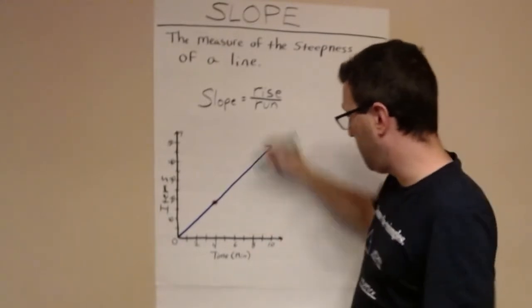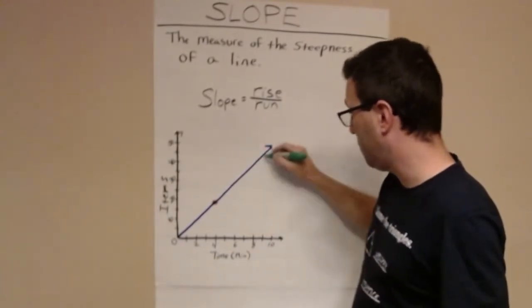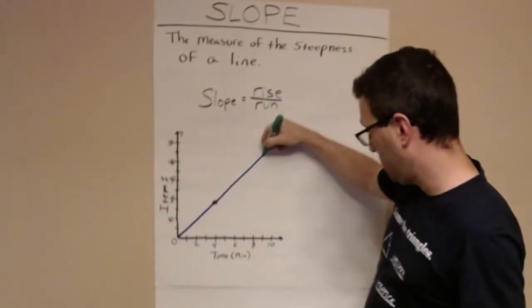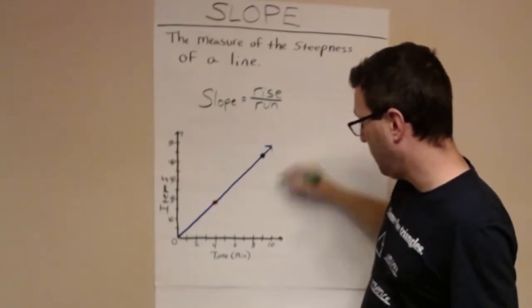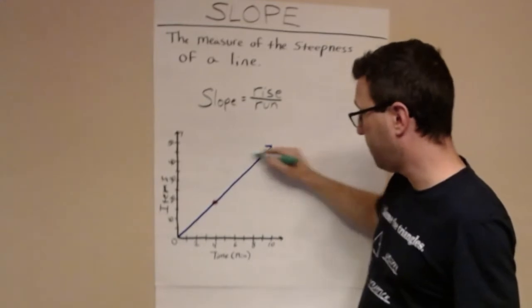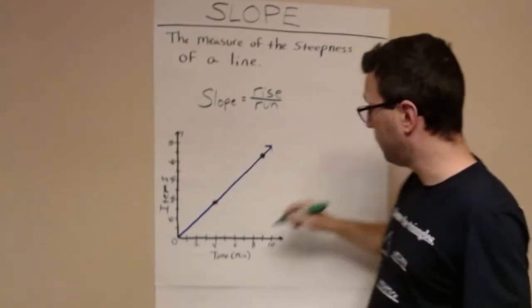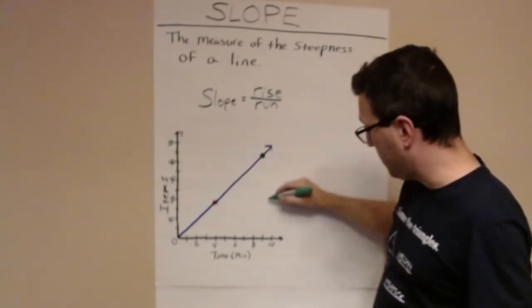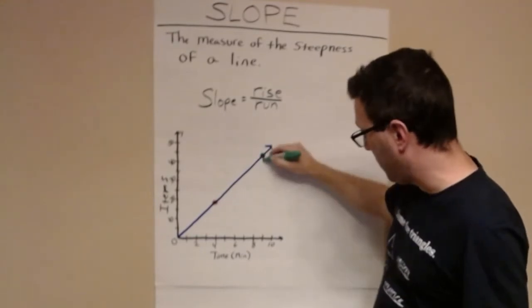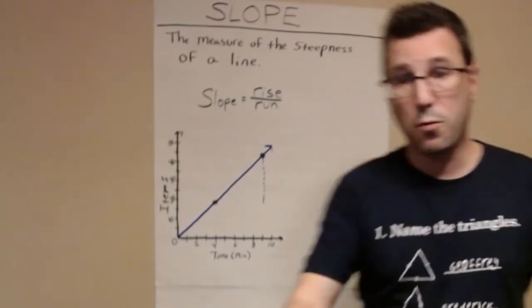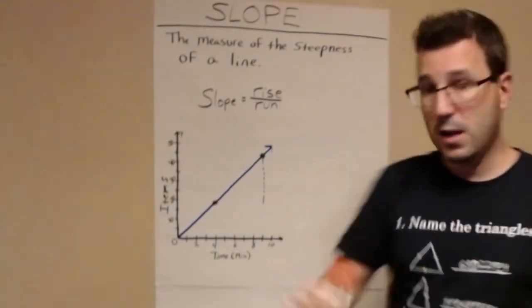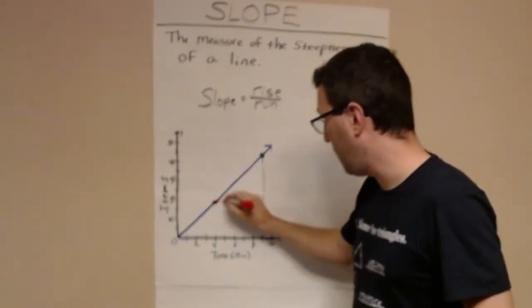And then I'm going to choose right here. That's 9, 45. And then what I'm going to do is, like I said, drop a line down from one point, and I'm going to draw a line across from the other.